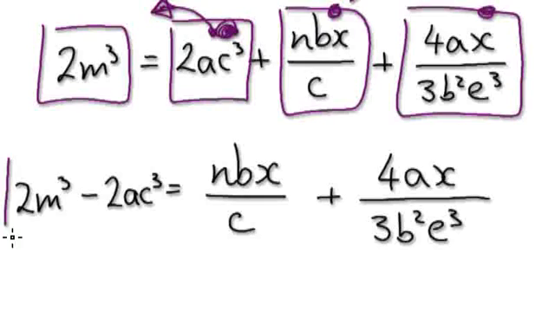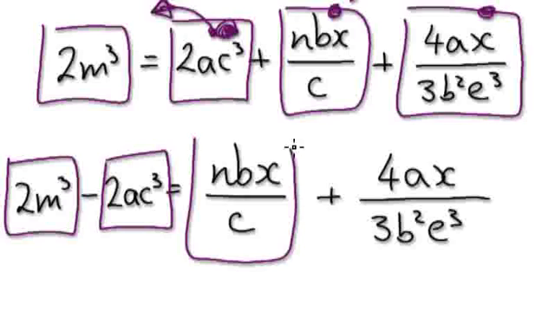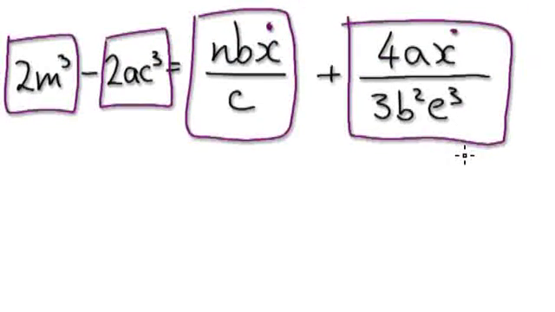Okay, now visualize as this. Take away this block equals this block plus this block here. X is in here. So now we just need to merge the two fractions together now.